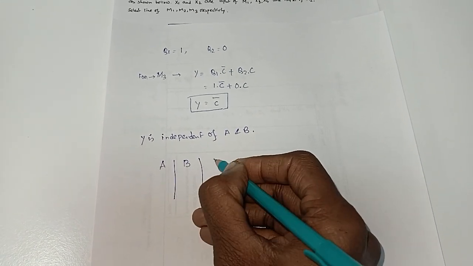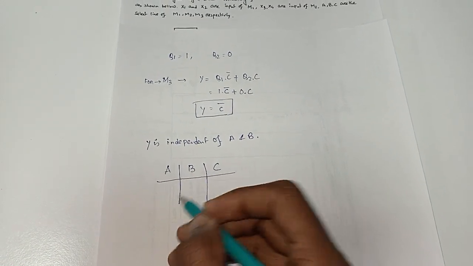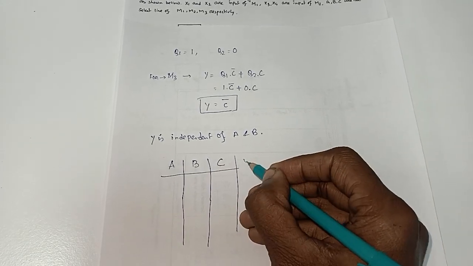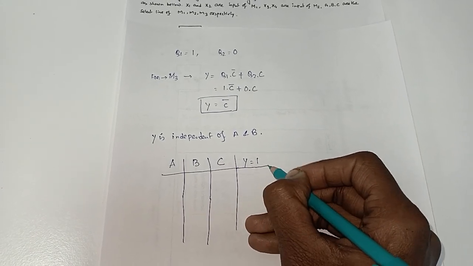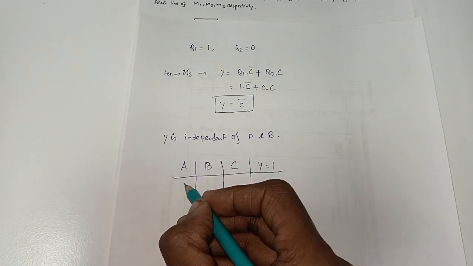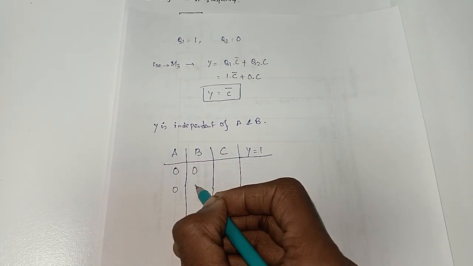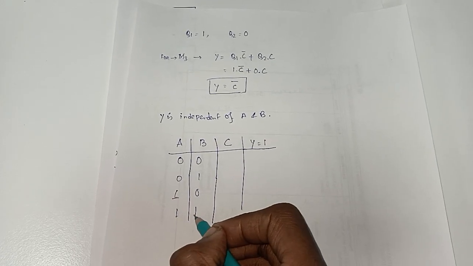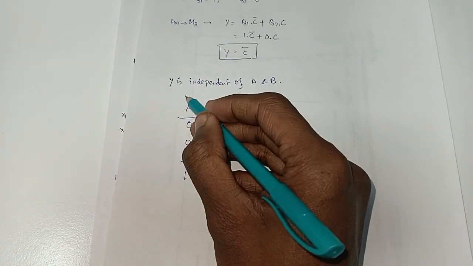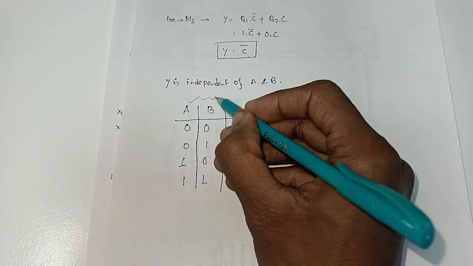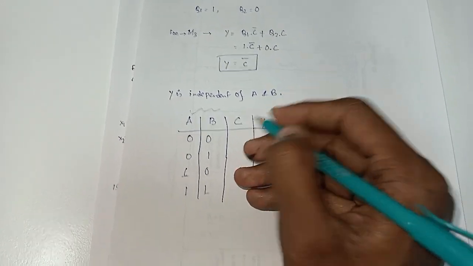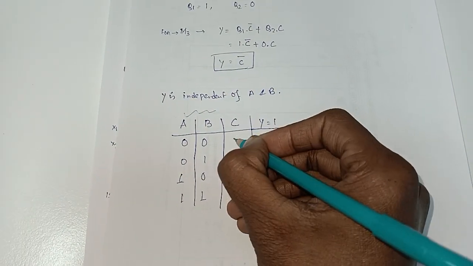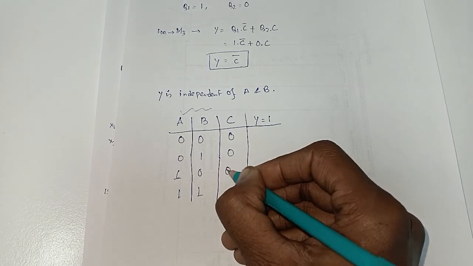Within the question we have to find the number of combinations for y equal to 1. Nothing changes here; a and b do not affect y, it depends only on c. Only when c is 0 do we get y equal to 1.